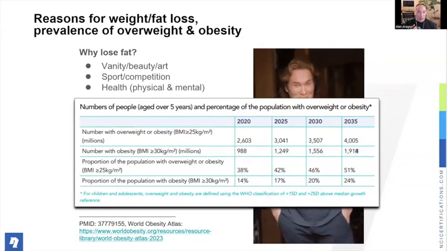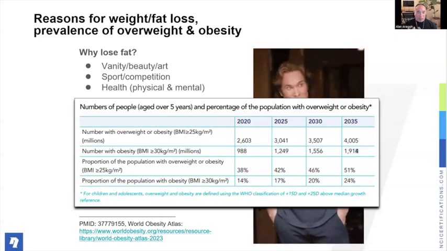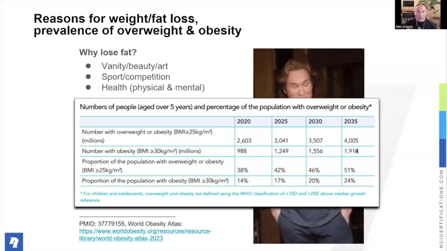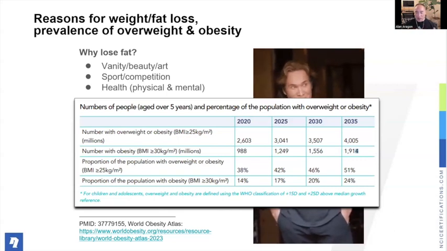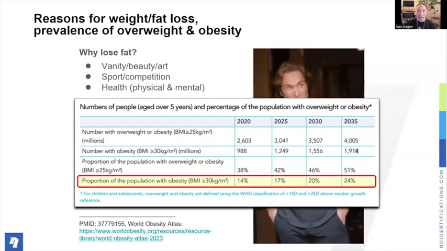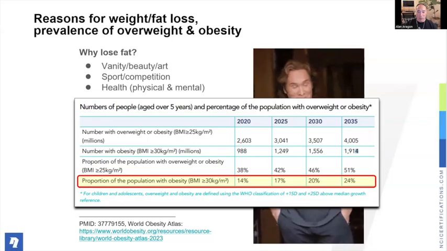So this table right here gives a projection of the obesity prevalence, what it might hit by 2035. And it's a pretty alarming and concerning prognostication that we're looking at. I want to highlight the proportion of the population with obesity.